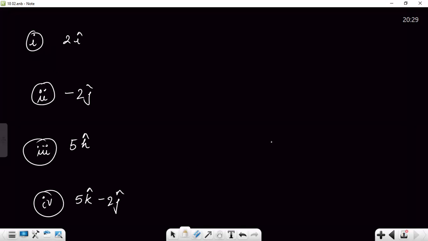Okay, one by one. Yarini, please tell me the first vector, what it is saying to me, like what is the magnitude of the vector and what is the direction in which the vector is telling us to go, from where to where.